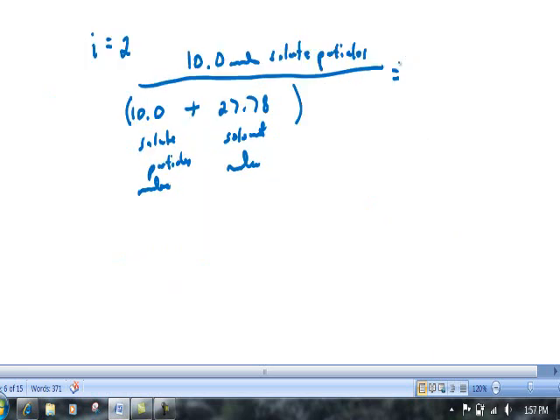Now for the next one, when i equals 2, what happened is our moles of solute particles is now 10 instead of 5. So our numerator is 10 moles of solute particles. The denominator becomes 10 moles of solute particles plus the moles of solvent. Dividing this out, we find that our mole fraction of solute particles is now increased to 0.26.